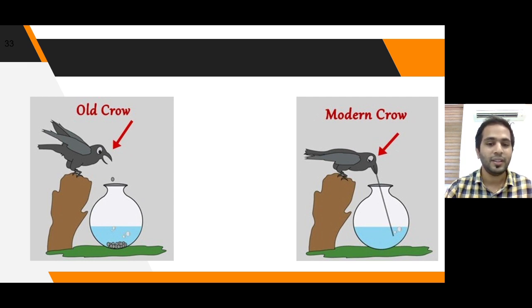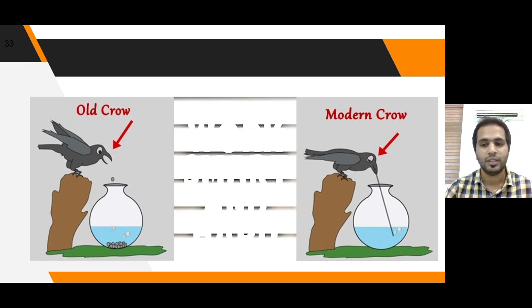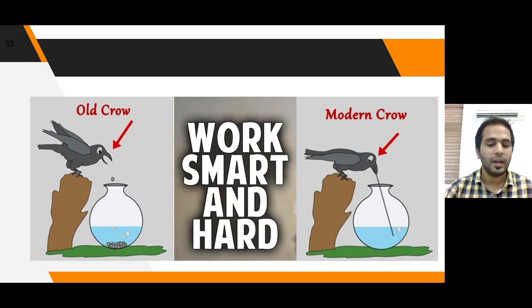There's a lot of hard work, yes, in the old story that it has to bring one stone after the other and put that in the pitcher of water so that the water rises up. But you have to be very smart. Sometimes being smart, in addition to the hard work that you're already putting, will give you an advantage. So work smart and hard both.